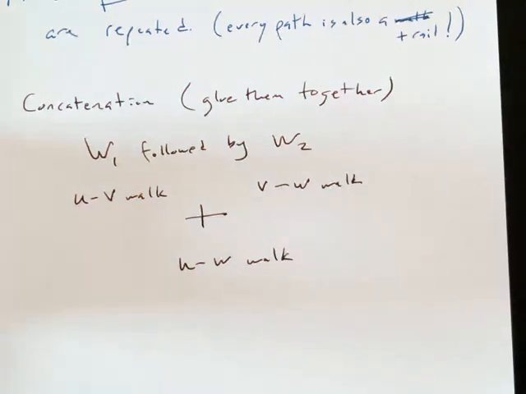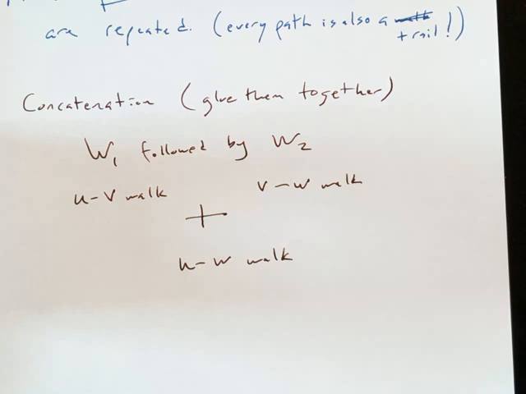But what if you have 2 trails and you add them? You get another trail? Why not, Reese? You shook your head at me. I don't know anything about what vertices and edges are in the first one, what vertices and edges are in the second one.